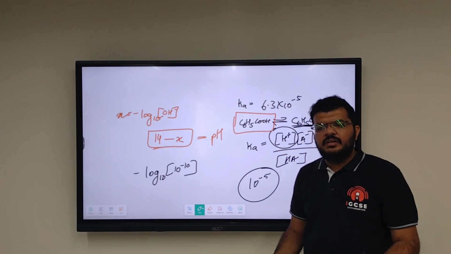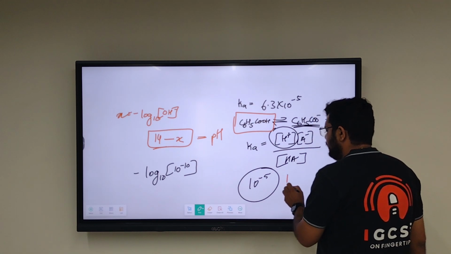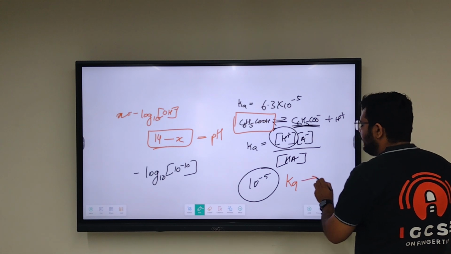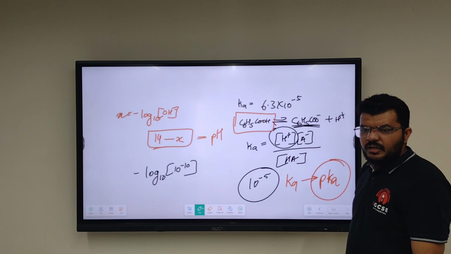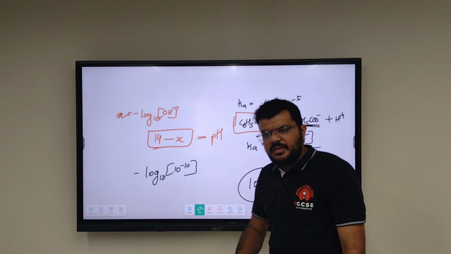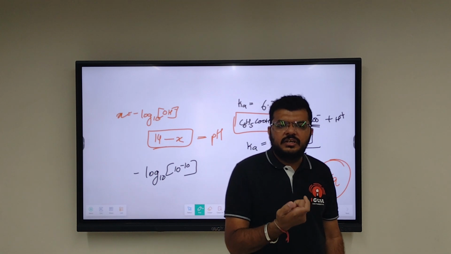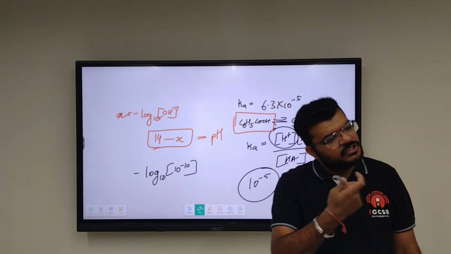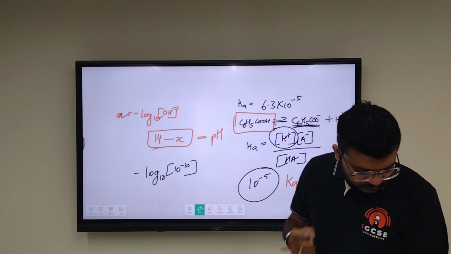It cannot even be calculated properly. So what do you do? You find out Ka first and then you find out pKa. For weak acids and weak bases, for bases it will be pKb, right? The base dissociation constant. So that is that.